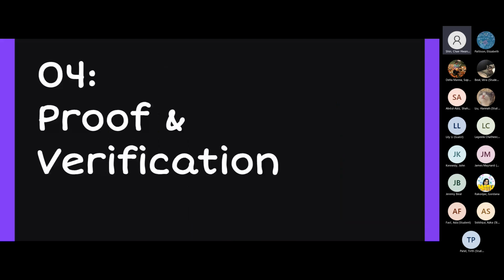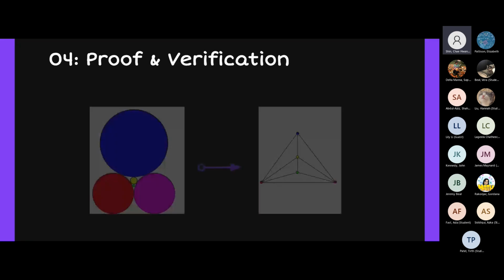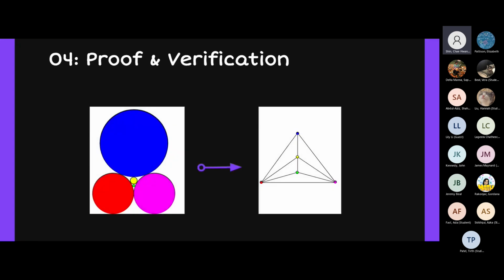For verification, Appel and Haken used the computer to organize the map models into every possible case, then tried to see if the four colors could be applied there. If there are no counterexamples, then the problem is proven.